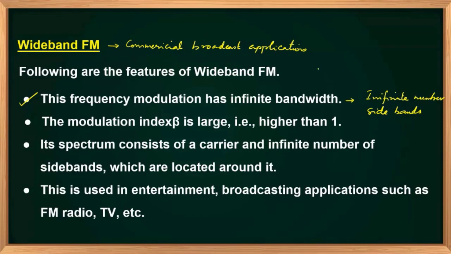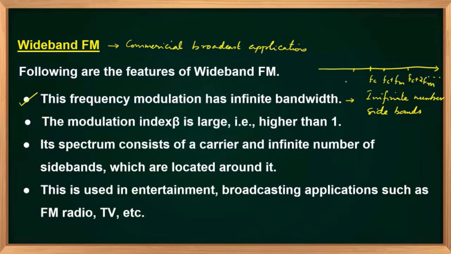Sidebands are frequencies above and below the carrier frequency. If we consider the carrier frequency, this component will be present. Then the first side frequency is FC plus FM. The second one is FC plus 2 FM, and so on.